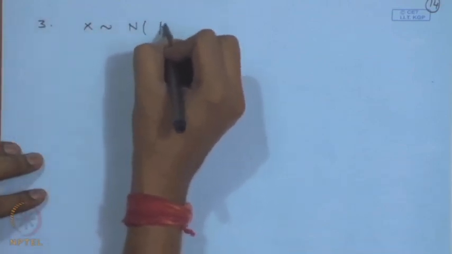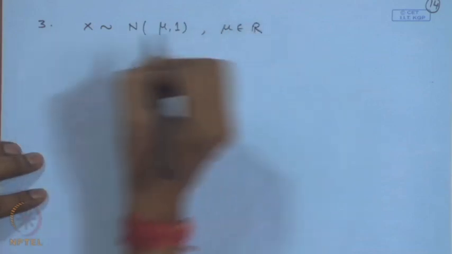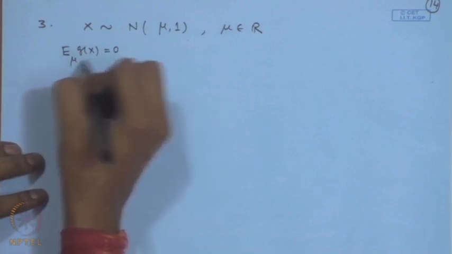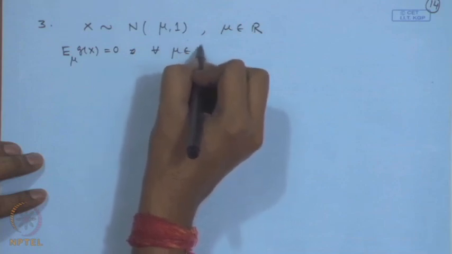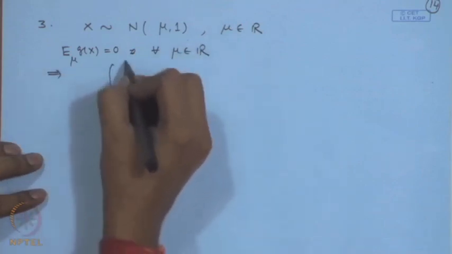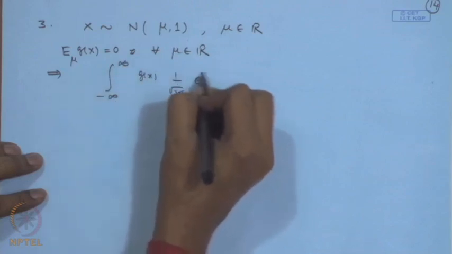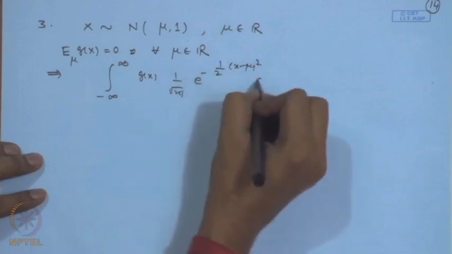Let us consider say X follows normal(mu, 1). Here mu is any real number. Let us write down expectation of g(X) is equal to 0 for all mu. Now, this is equivalent to saying the integral of g(x) (1/sqrt(2 pi)) e^(-(x - mu)^2 / 2) dx equal to 0.